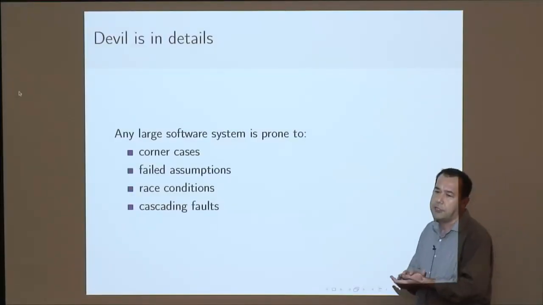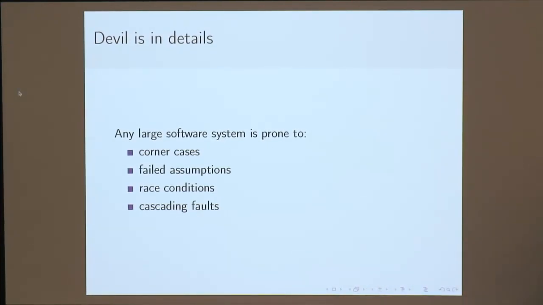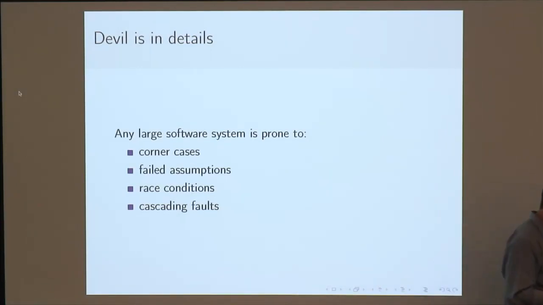And race conditions are there because now all of these systems are concurrent systems because with the prominence of microservices, etc., you are in the multi-threaded world, you are in the concurrent execution world, and you have problems due to race conditions. And cascading faults are there because the fault paths are not very well exercised, not very well tested.